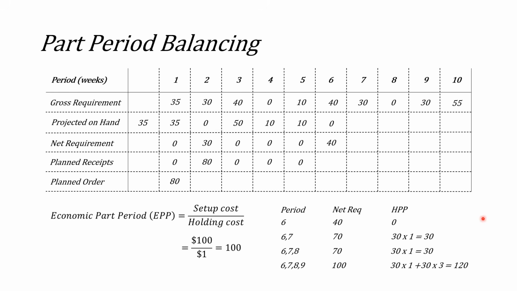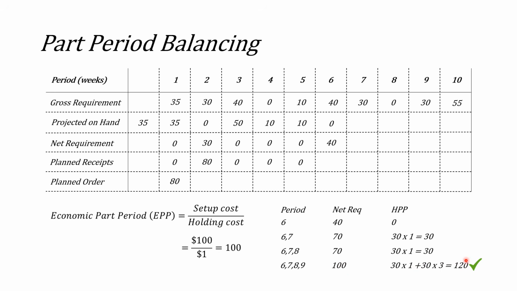Now, we know that this number has already exceeded 100. So obviously, if I did 6, 7, 8, 9, and 10, that number would be more than 120, and we're obviously going further and further away from 100. So the closest number to 100 amongst this is 120, right? So in this case, that would be my corresponding order quantity here of 100 units.